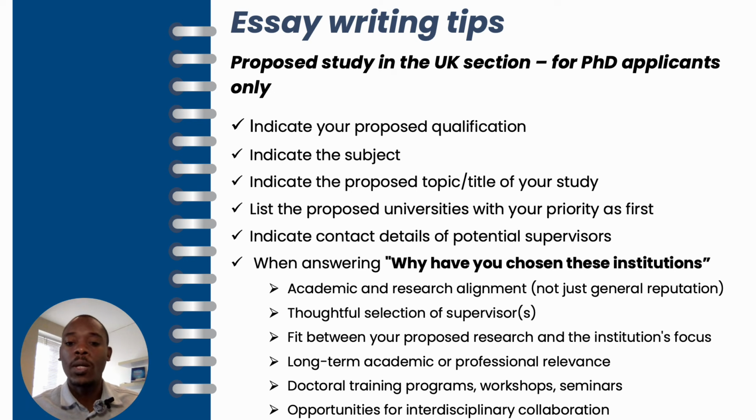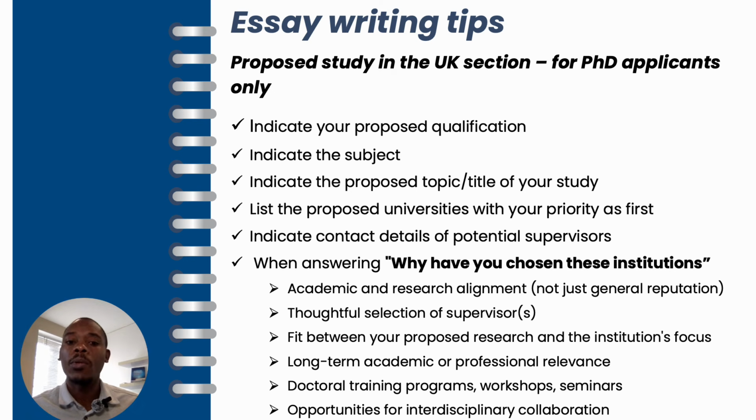So that is what you can look at, also in terms of the long term, because a PhD is a long-term career, and you should be able to demonstrate how you think the university or the supervisor that you've selected can help you fit your long-term academic qualification or professional relevance. What kind of training is the university providing? Do they have extra activities?